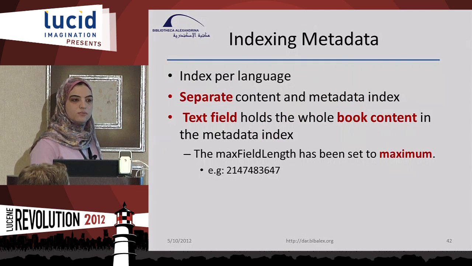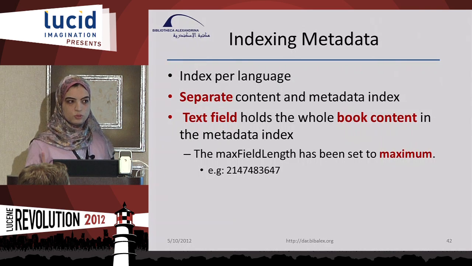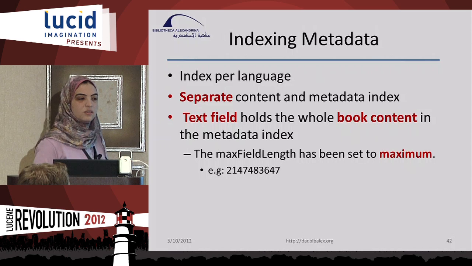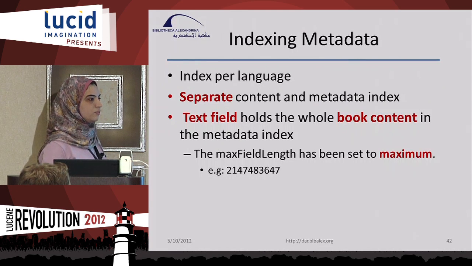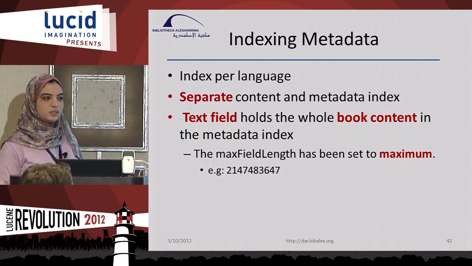So another solution is to have, by the way, up till now, we were using Solr 1.4, okay? So the other solution is to have an index per language, but to separate the metadata from the content.